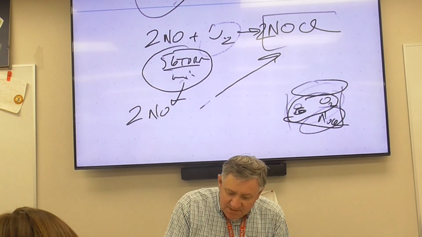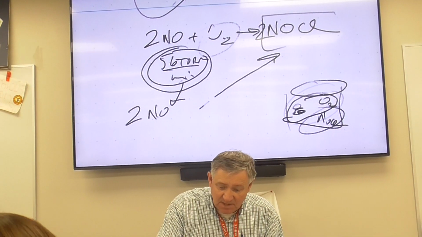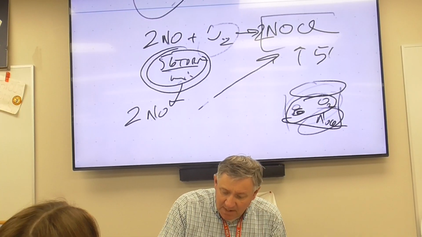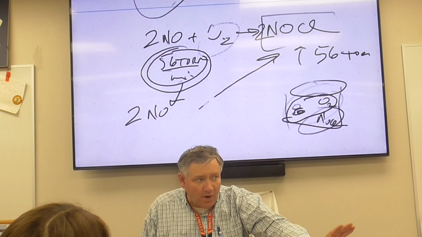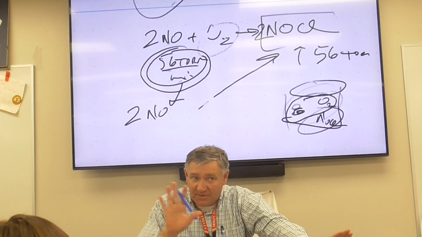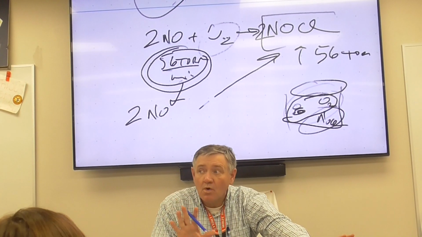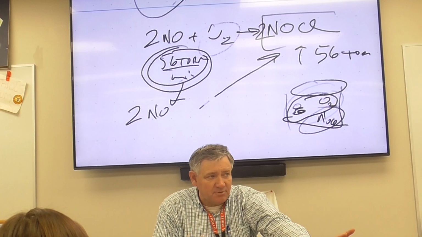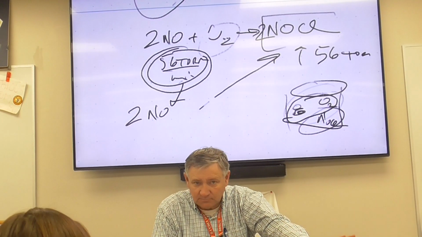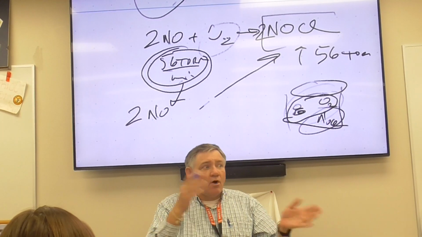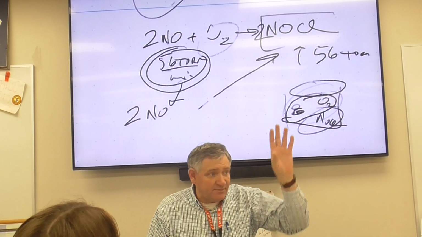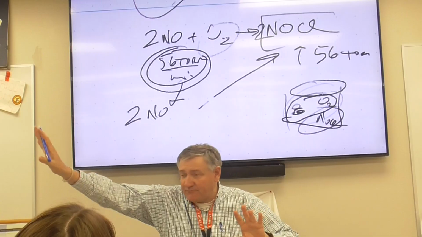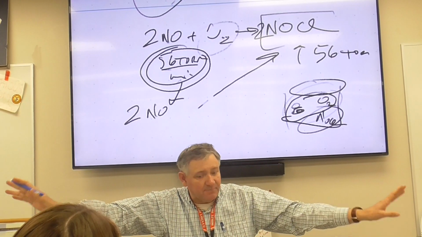Yeah. So this is dropping at 56. That's increasing by 56. Now, if that was the only thing involved, what would happen to the change in pressure in the vessel? It wouldn't change because all you're doing is changing one type of gas for another. Okay? So if it was just that dropping and that forming, it wouldn't be a big deal.